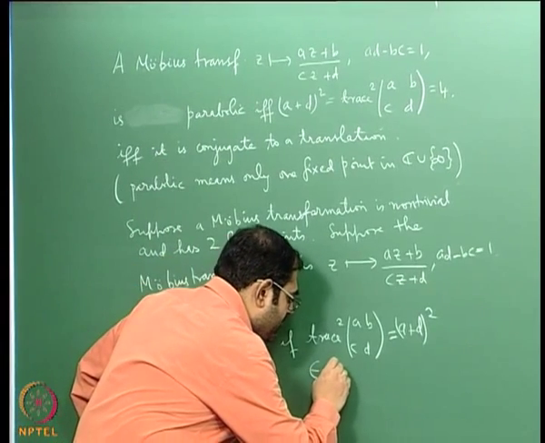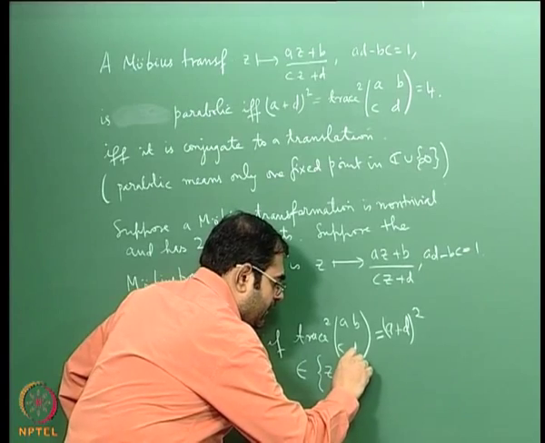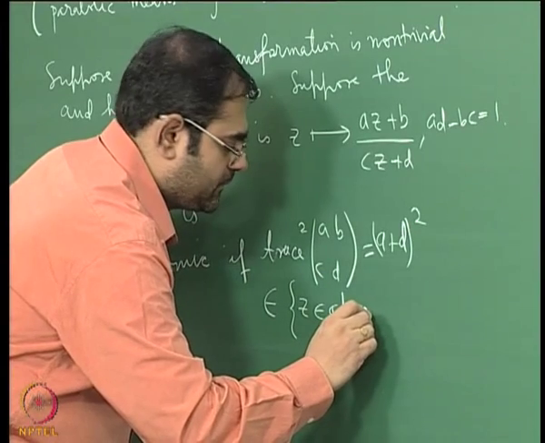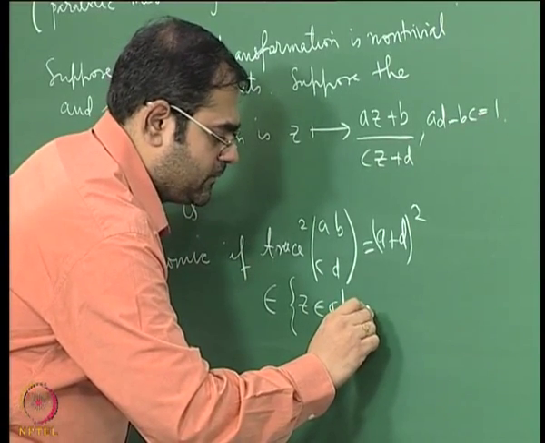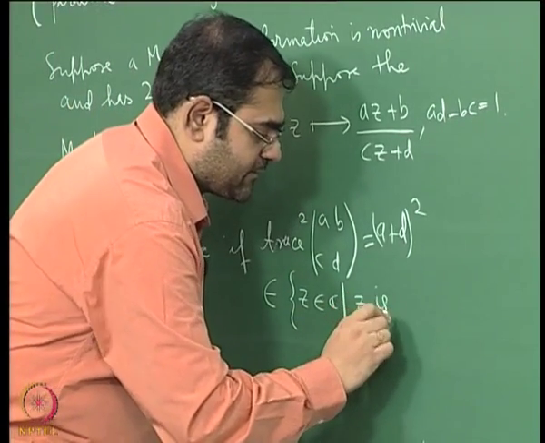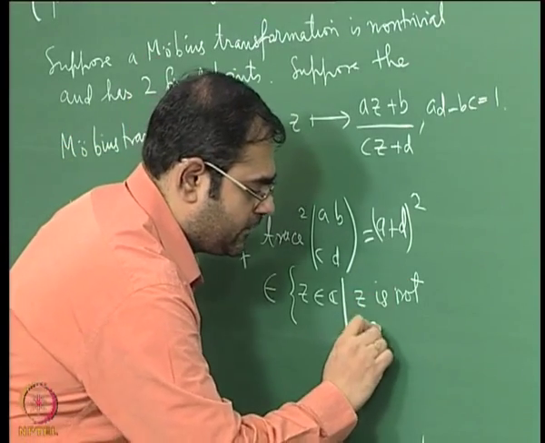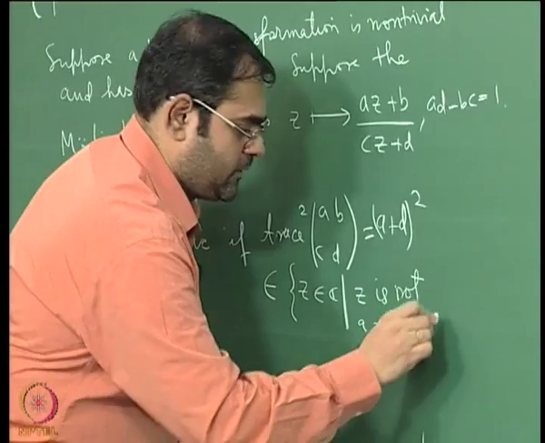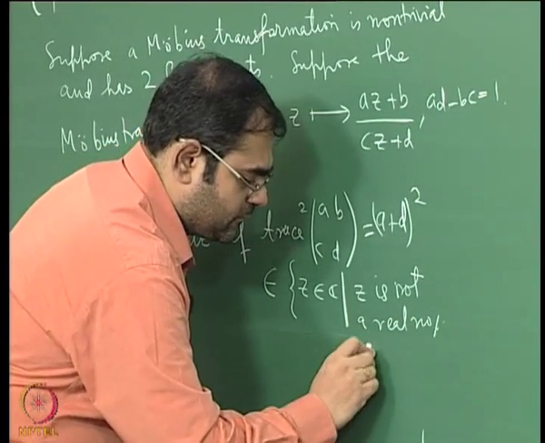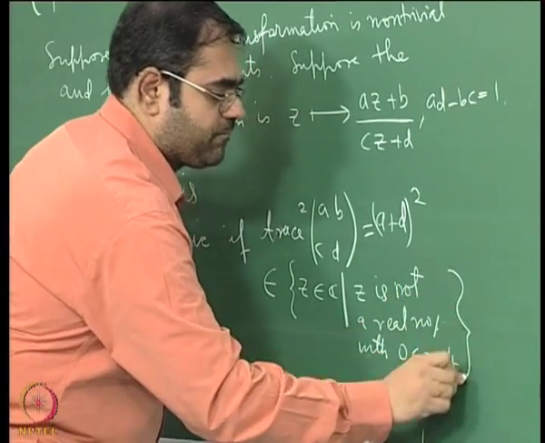So this belongs to the set of all z in C such that z is not a real number with 0 ≤ z ≤ 4.